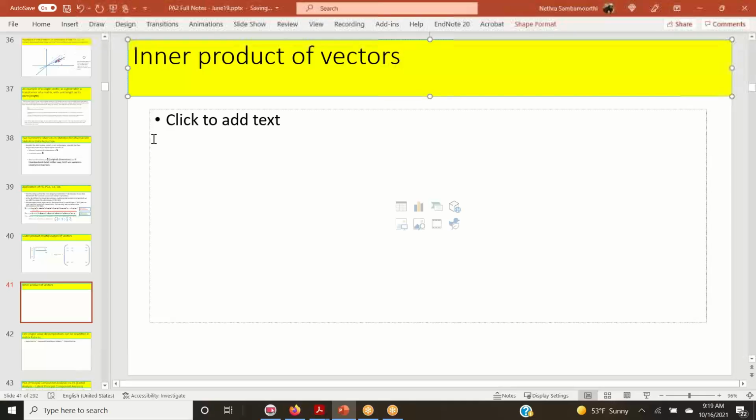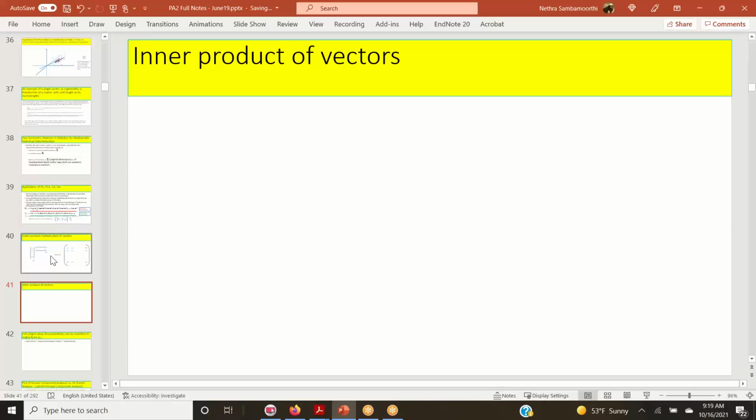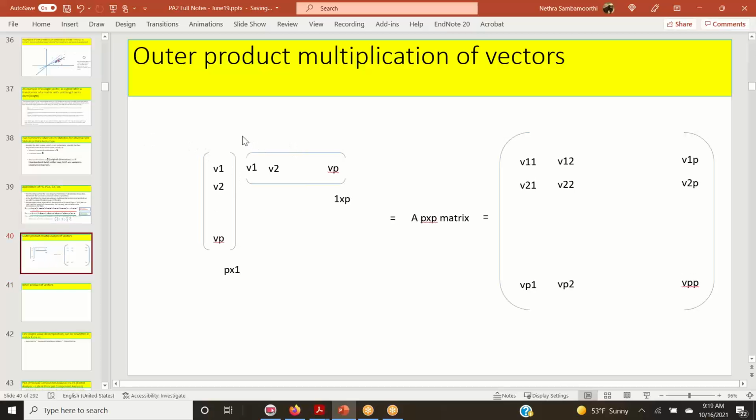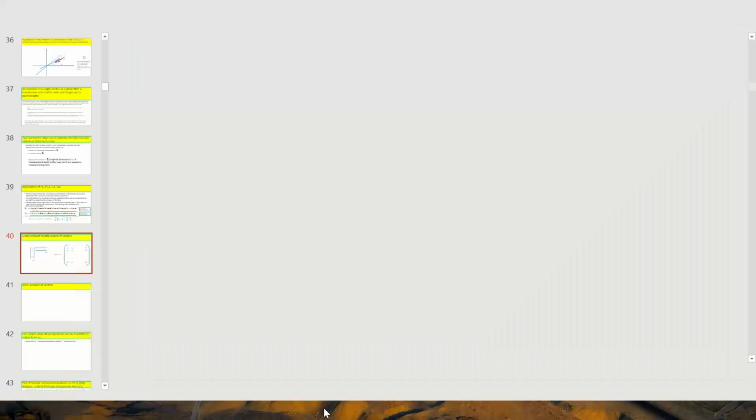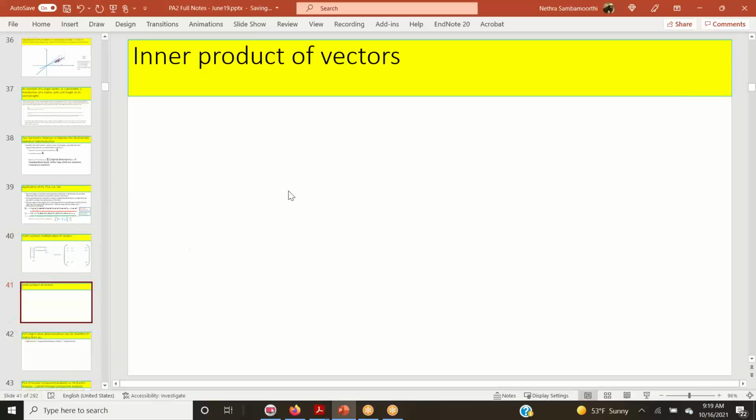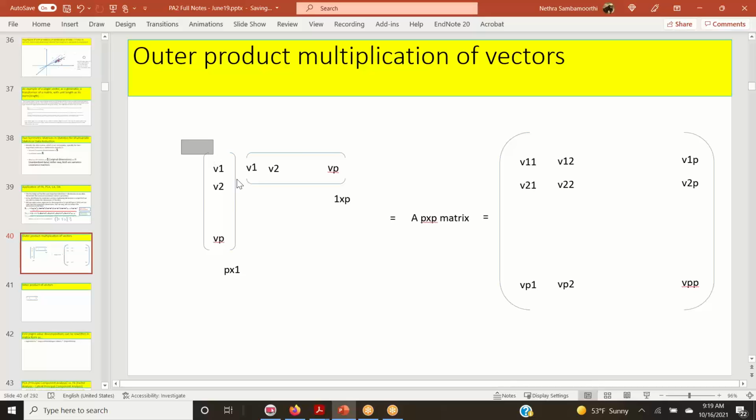Here, you could imagine that this comes in the front. One whole row, one column. That's the way of thinking. The inner product.